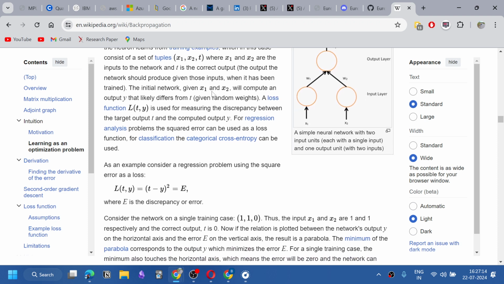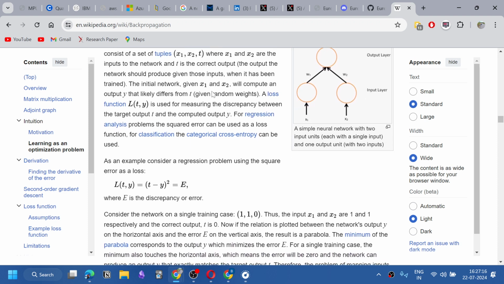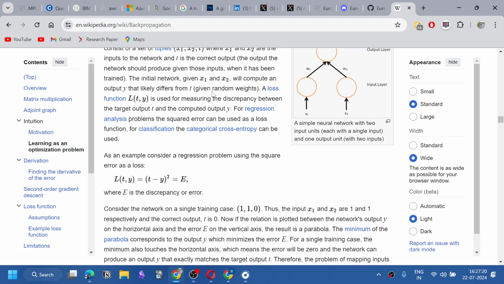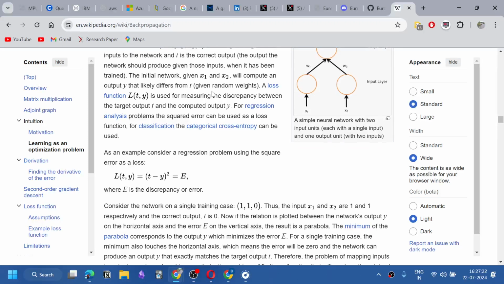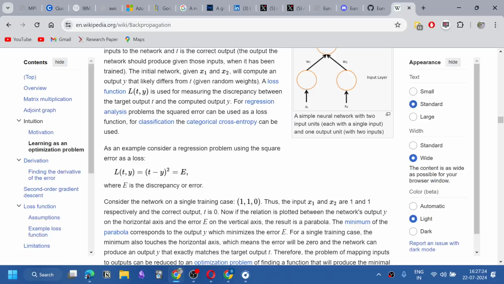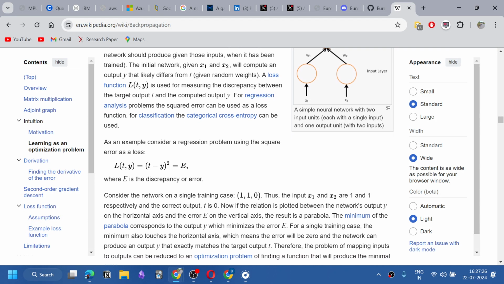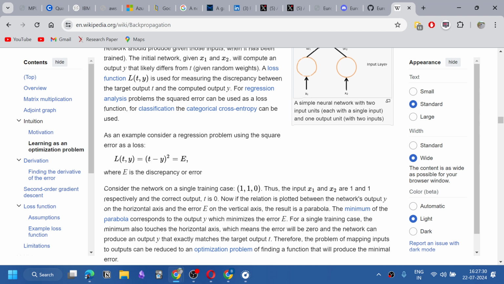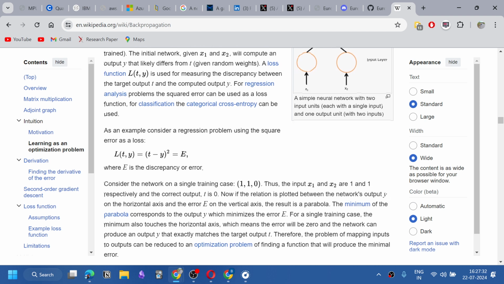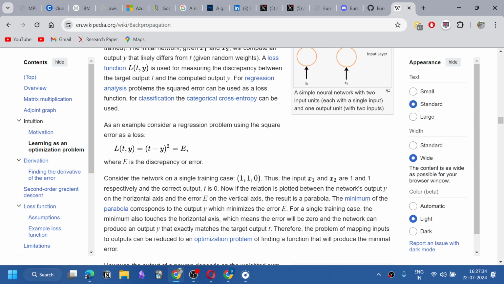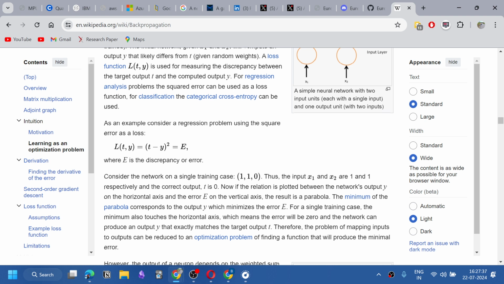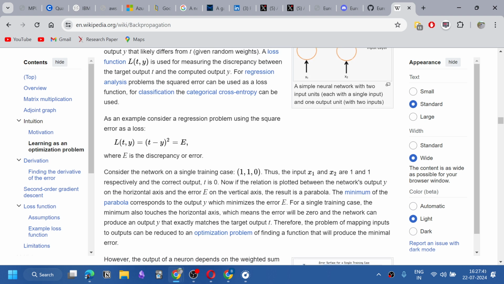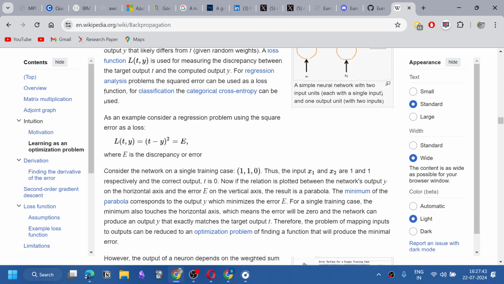Then the neurons learn from the training examples, which in this case consist of a set of tuples (x1, x2, t), where x1 and x2 are inputs to the network and t is the correct output the network should produce given those inputs. Once trained, the neural network, given x1 and x2, will compute an output y that likely differs from t, given the random initial weights. A loss function is used for measuring the discrepancy between the target output t and the computed output y.